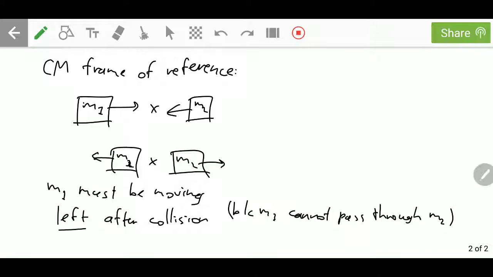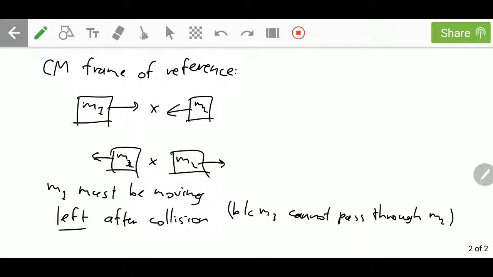And so ultimately m1 must always stay on the left of m2. That can never change. And thus, when they collide in the center of mass frame of reference, it must be m1 that goes left and m2 that goes right. Otherwise, m1 would have to pass through m2, and that cannot happen.